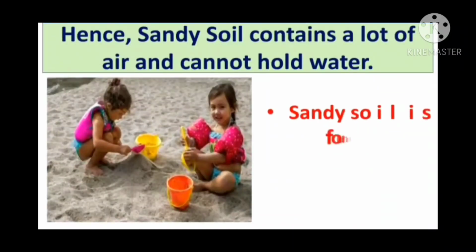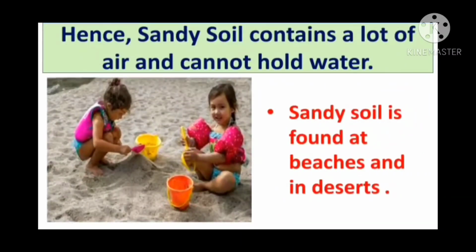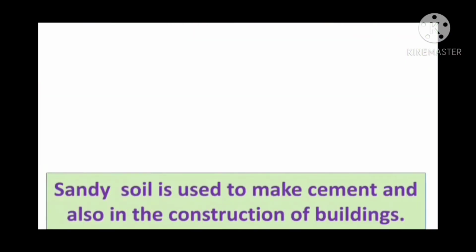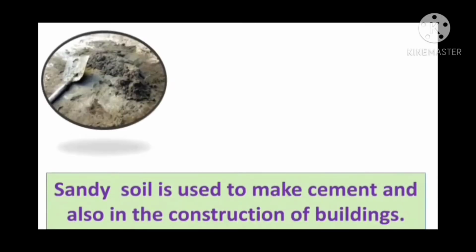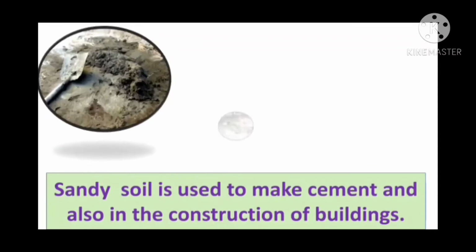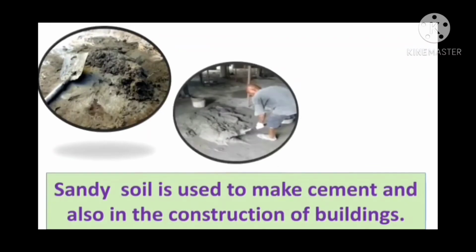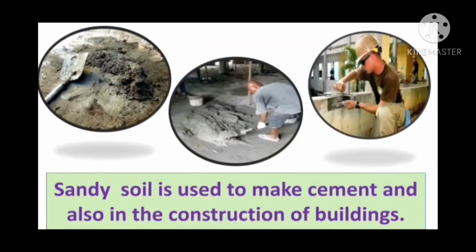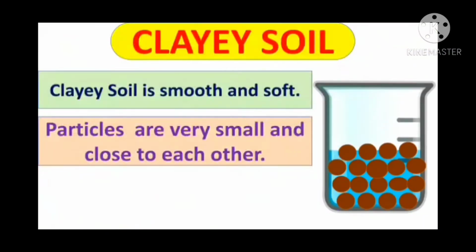So we cannot use sandy soil for the growth of plants, and this sandy soil is found at beaches and in deserts. Sandy soil is used to make cement and also in the construction of buildings. Have you observed that wherever we are constructing buildings we are using sandy soil?